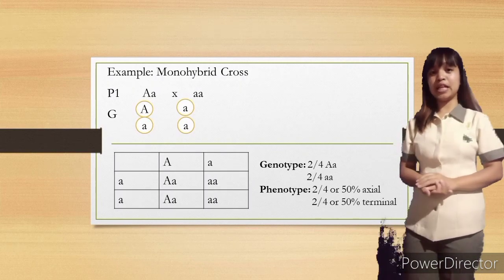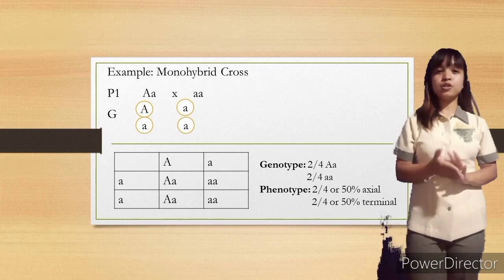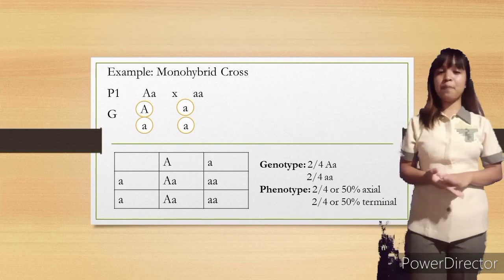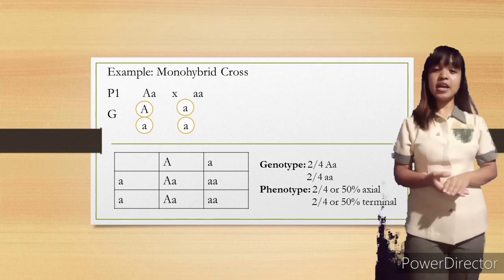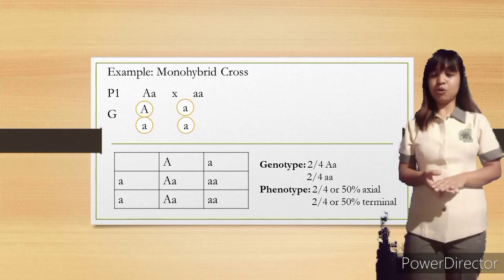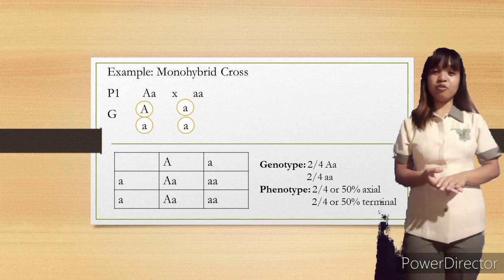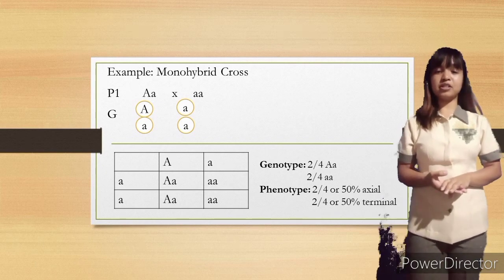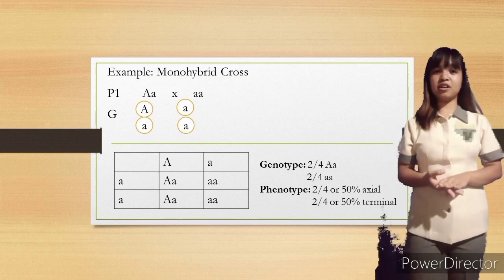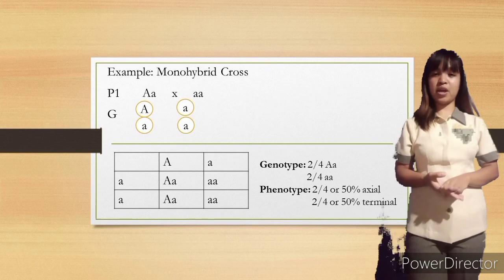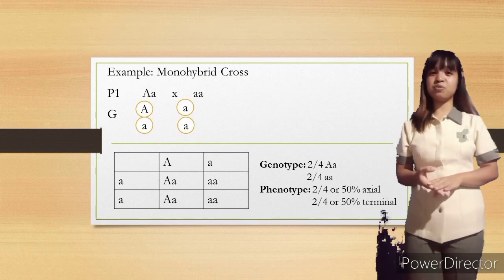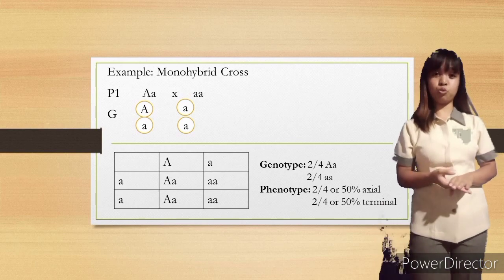Our first example is on monohybrid cross. As we discussed earlier, we're going to determine the parents first. The parents are heterozygous Aa crossed with a recessive aa. After determining the parents, we are going to determine the gametes. The first parent's gametes are capital A and small a, while the other has the gametes of small a and small a. After determining the gametes, we are going to place them into their designated areas in the Punnett square.